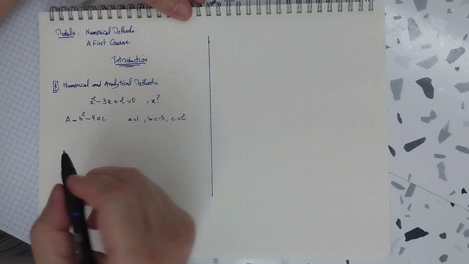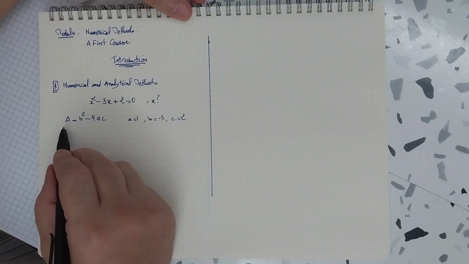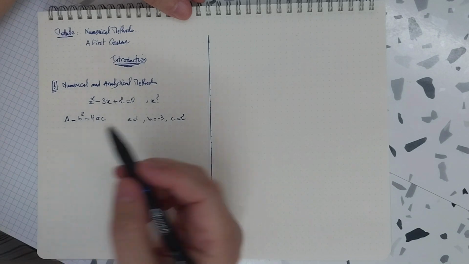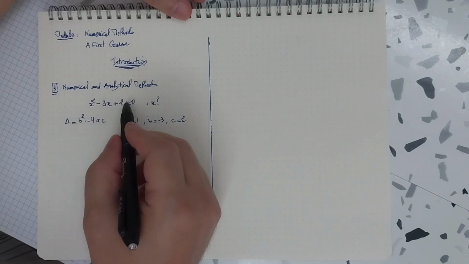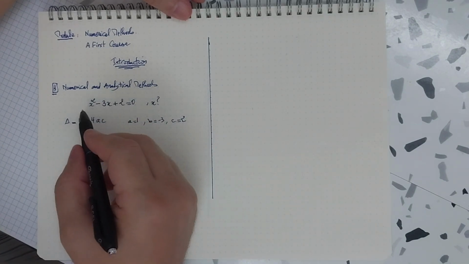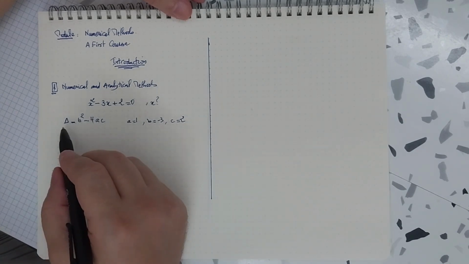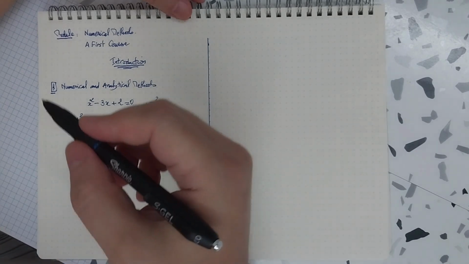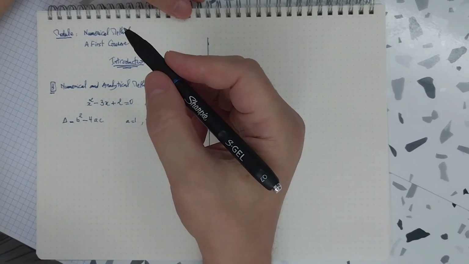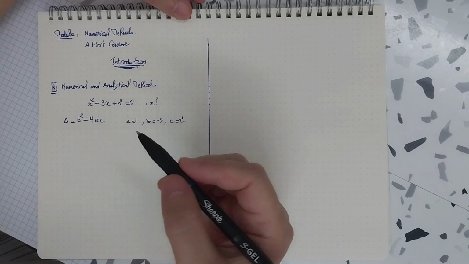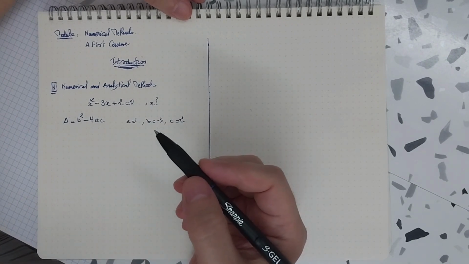And if the discriminant is positive, we have two solutions. If it is equal to 0, we have one solution. The parabola representing the polynomial is tangent to the axis. And if delta is negative, the whole parabola is over the x-axis or below it, so there are no real solutions.